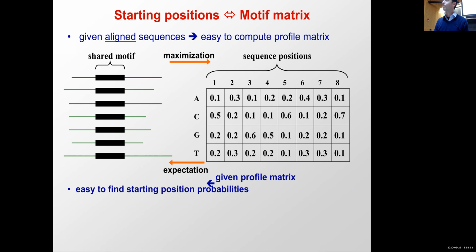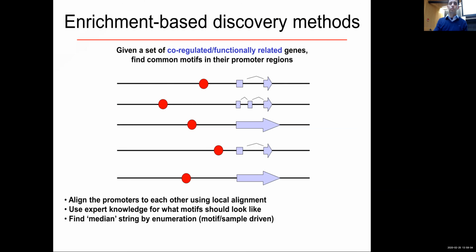Yeah, I was wondering if you could motivate again the reason why you use expectation maximization. I think it came out of some of the limitations of enrichment-based discovery. Yeah. So the idea here is that you're trying to find a common sequence pattern, an enriched sequence pattern. And one way to do that would be to count all k-mers.